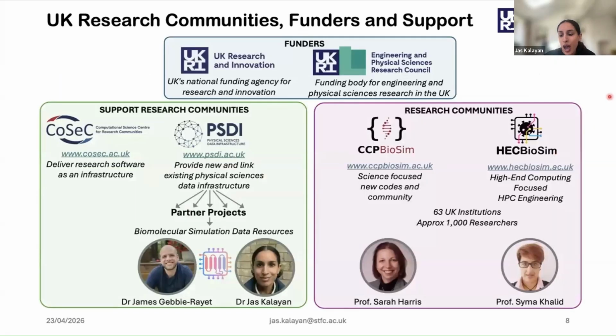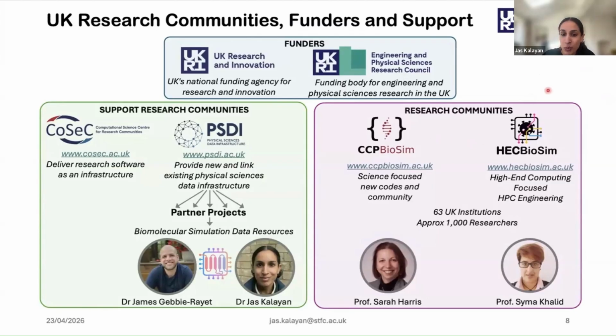And so what does this current landscape look like for data infrastructure for the BioSim communities? In the UK, the research communities, funders and support looks something like this. So we have UKRI that provides the funding via EPSRC. We have two main research communities on the right.